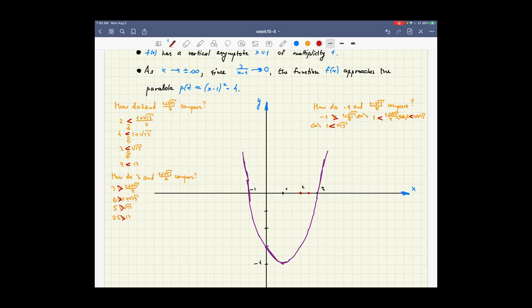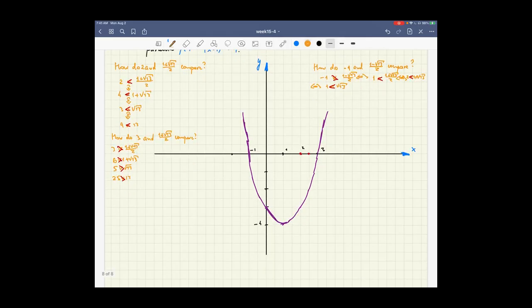So just for the sake of precision, I want to know how that number compares to negative 2.